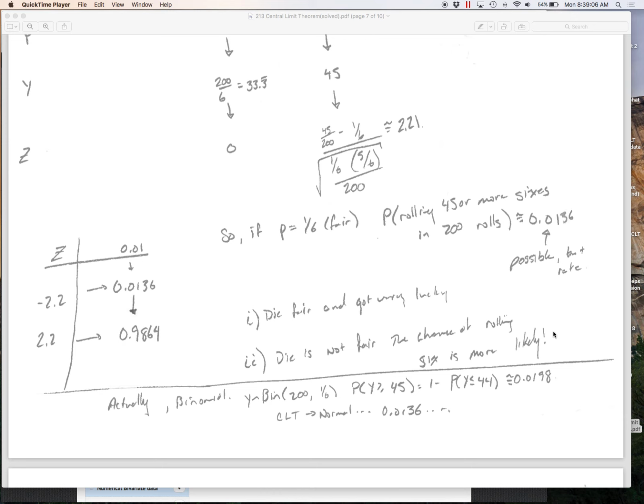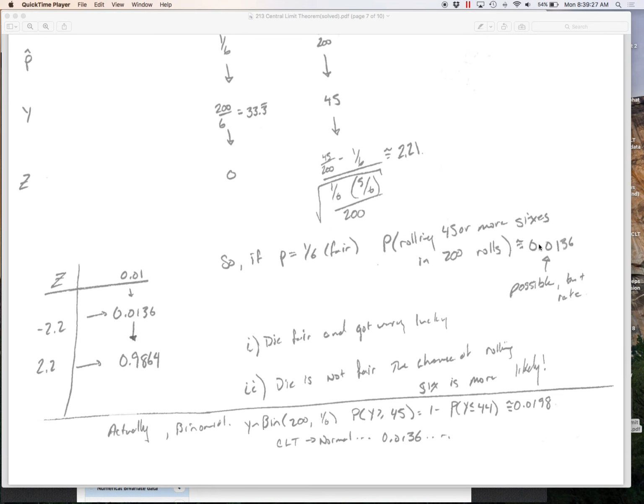It's not exactly the same, as we said, this is the normal approximation to the binomial. The central limit theorem suggests the probability is about 0.0136, and the exact probability is actually 0.0198. So there's a little bit of difference. It is an approximation, but the central limit theorem does work.